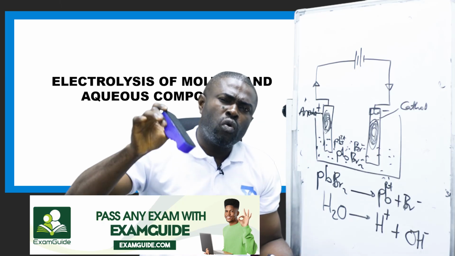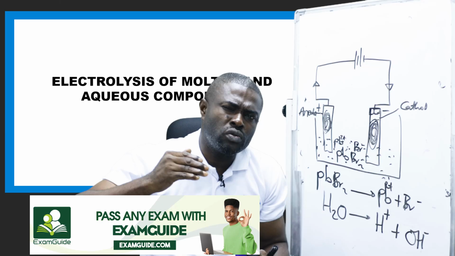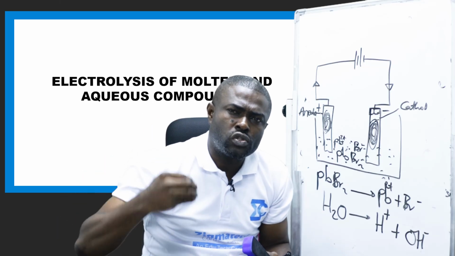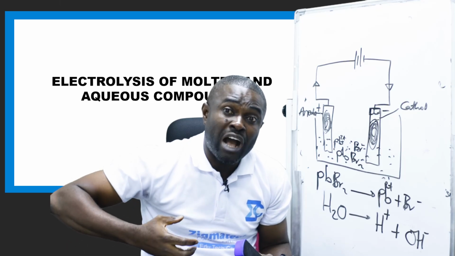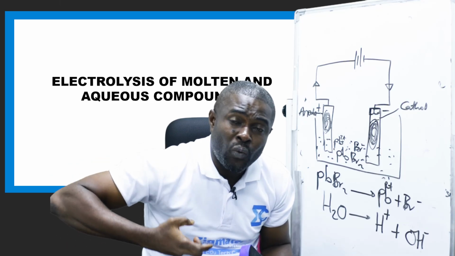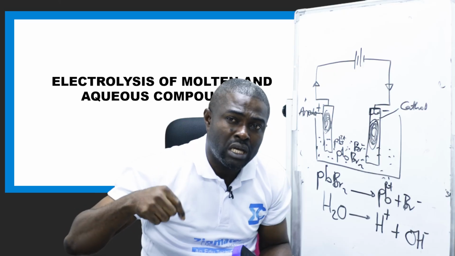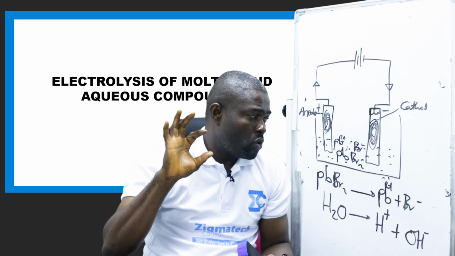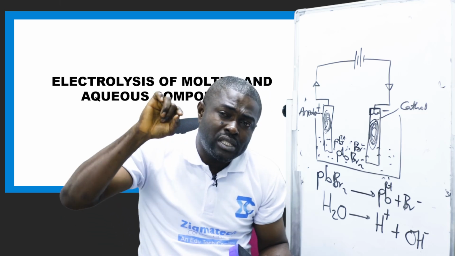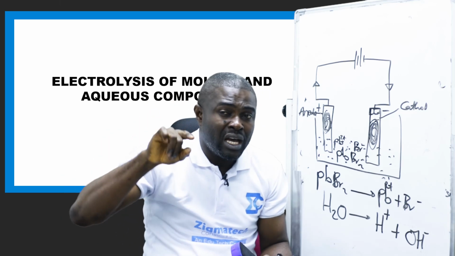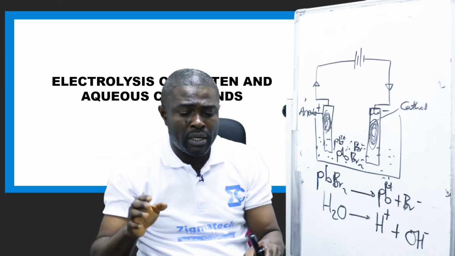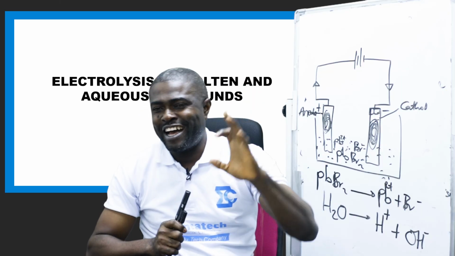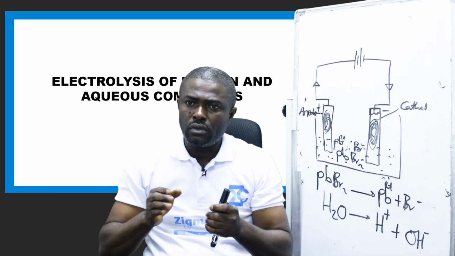The question is, what contributed the 3rd and the 4th ions? These 3rd and 4th ions are coming from water. Water has hydrogen plus and OH minus. If you add them to the positive ion and the negative ion of the main compound, you will achieve 2 positive and 2 negative ions.